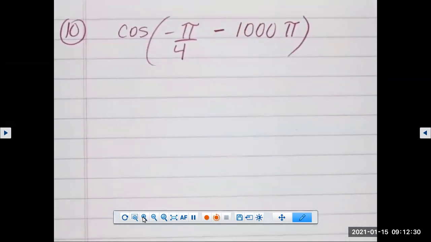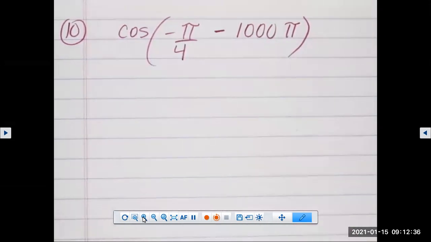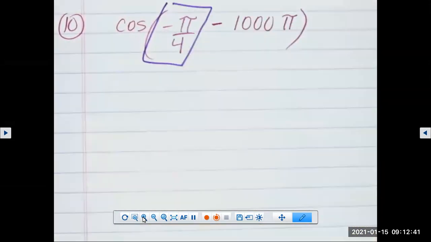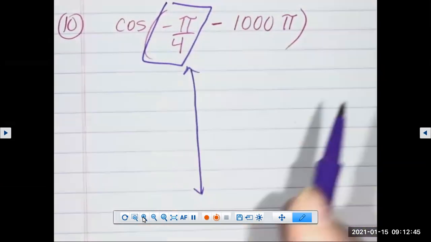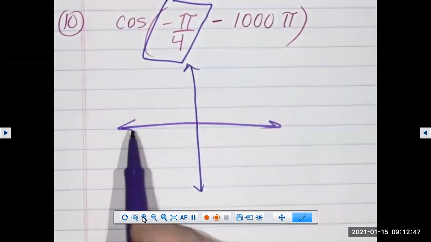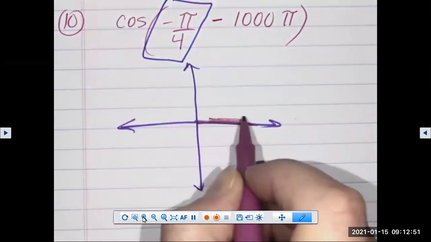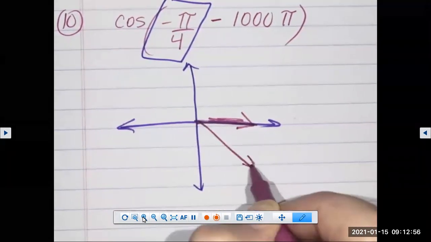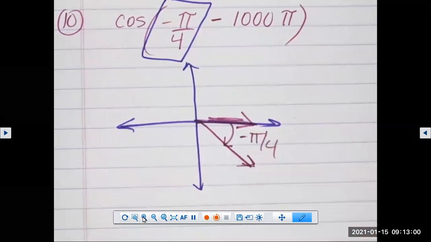Okay, for this angle, when they present it to you in this very complicated looking form, you've got this basic angle of -pi/4, which would be, of course, rotated from this positive x-axis down into the fourth quadrant here. So this is your -pi/4 angle.